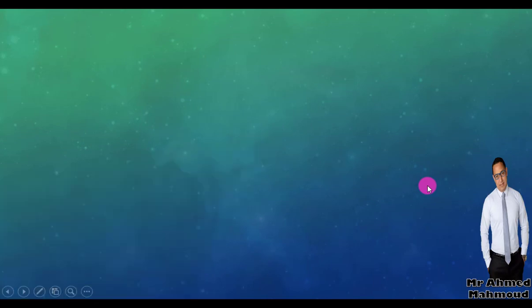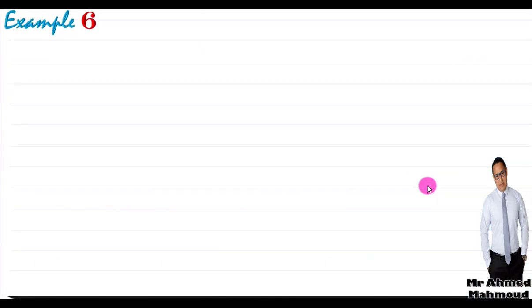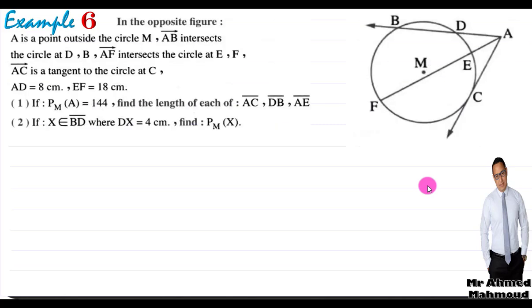The next question. Now we have in this example, AC is a tangent, as we see. AD equals 8.